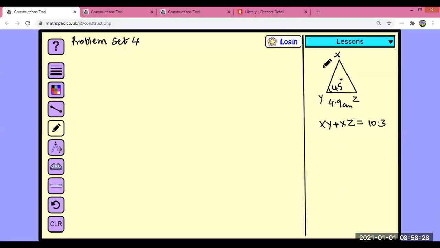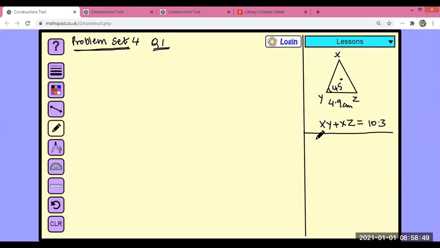You all are able to see the screen with construction tools. Yes. And let's get started now. So you see the rough diagram on one side. This is problem set 4 and it's question number 1. Okay. So let's begin. How do we start?